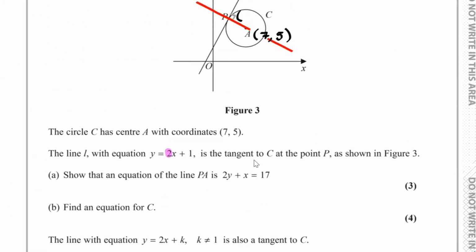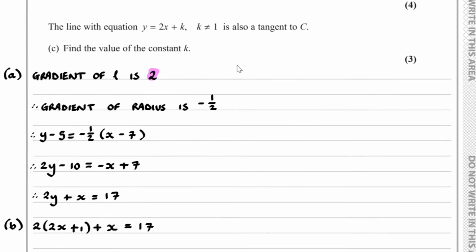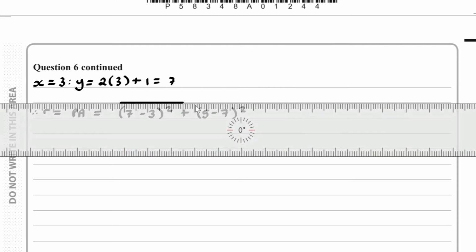And so if I go back to my diagram, to find the coordinates of P, we've got 3, 7, which are the coordinates of P. And so the length PA will be given by the length of the radius. And so therefore, the radius R, which is equal to PA, well, we've got the change in x's, 7 subtract 3 squared, plus the change in y's, 5 subtract 7 squared, then all square rooted.